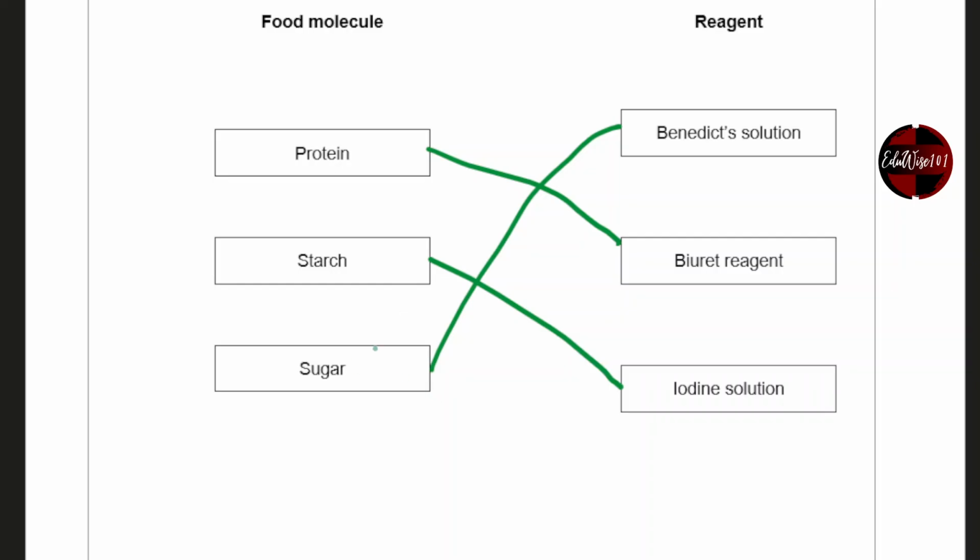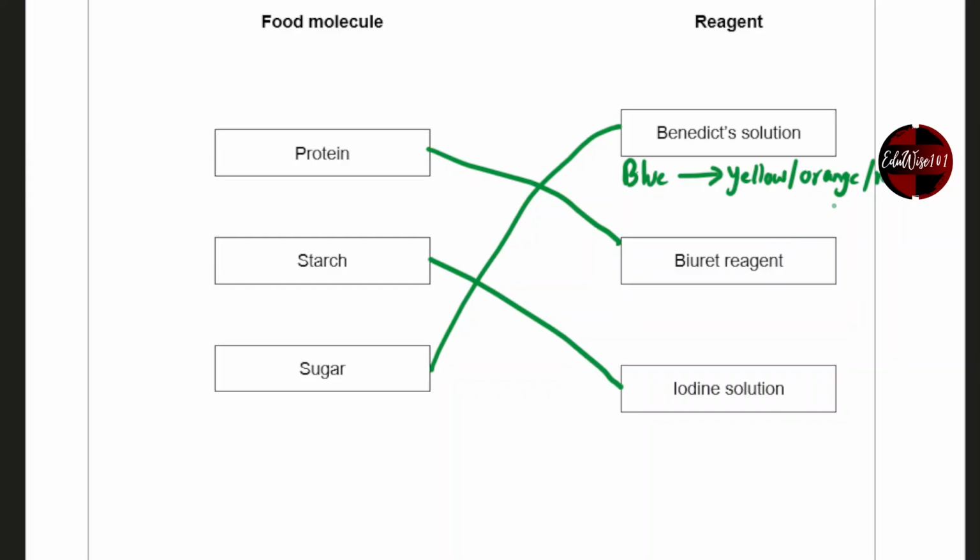Now I could actually write down the results for it as well. So sugar, Benedict's solution, it changes color from blue. The Benedict's solution is actually blue in color. It changes to anywhere between yellow, orange, or brick red. Sometimes we just call it red. The more sugar there is, the more the color intensity.